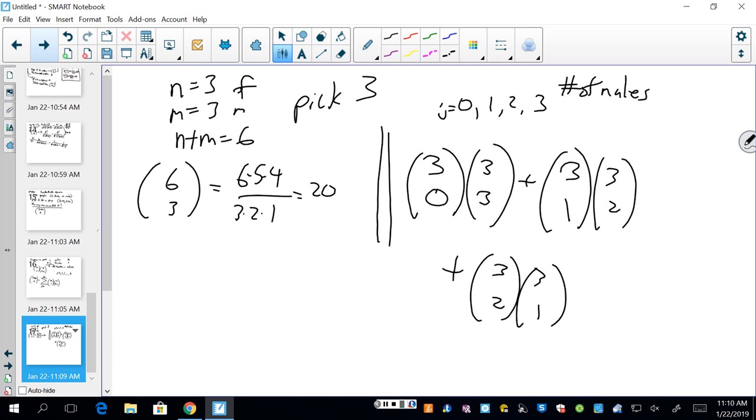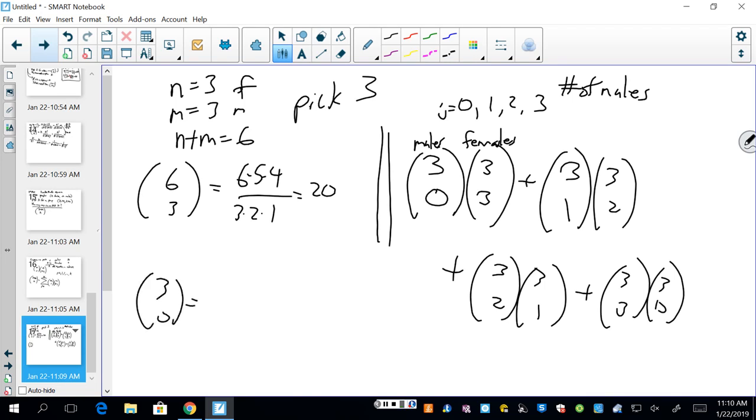So if this is males and females, this is the 0 and 3, and 1 and 2, and 2 and 1 are different from those. Or you could get all 3 males and 0 females. And choosing 0 of something is one. There's only one way to choose 0 of something, and you have to choose 3 of the other.